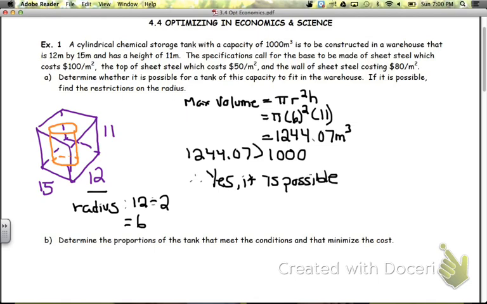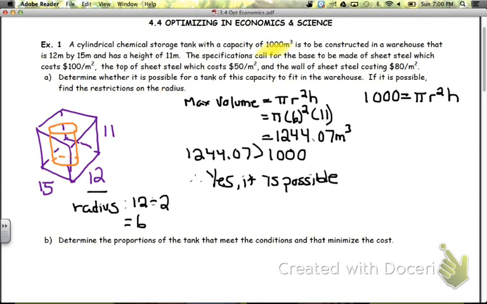Also, if it is possible, we need to find the restrictions on the radius. Since we know from above that the capacity of the tank is 1,000 meters cubed, we can set 1,000 equal to pi r squared h.